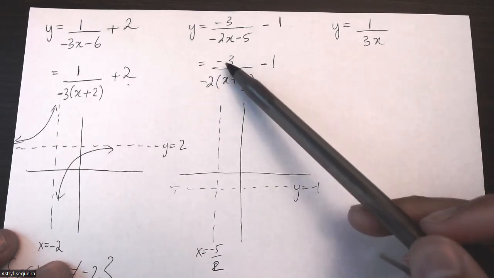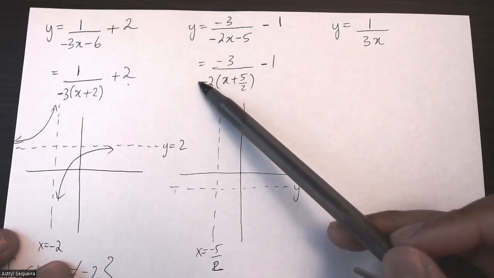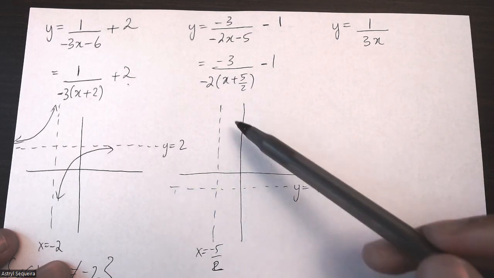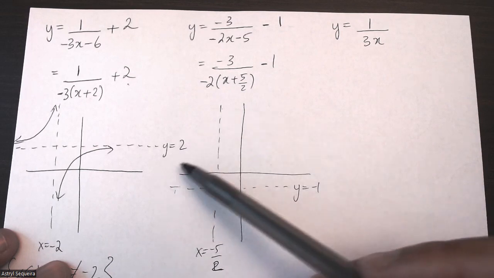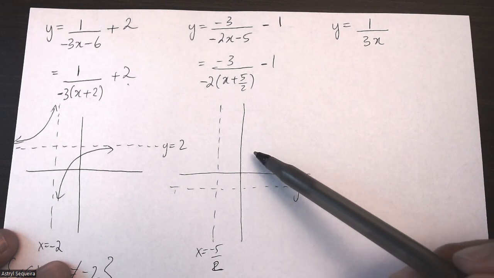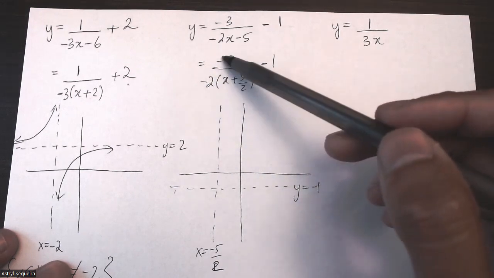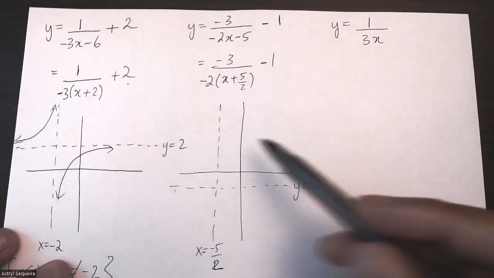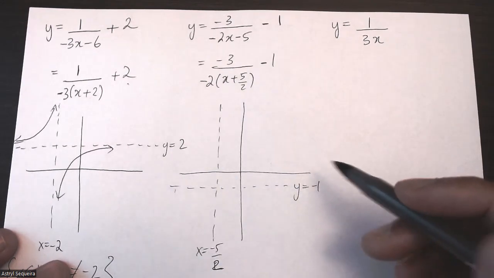Now this one has both a reflection in the x and the y-axis. So when I reflect it in both axes, it's going to reflect to the other two quadrants, and then it's going to reflect back and look like the original. That's why I said you can cancel those out, because technically it's just like a positive equation. The double reflection brings it back to the positive quadrants.